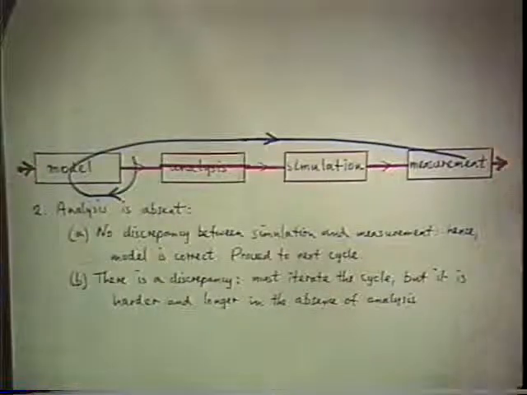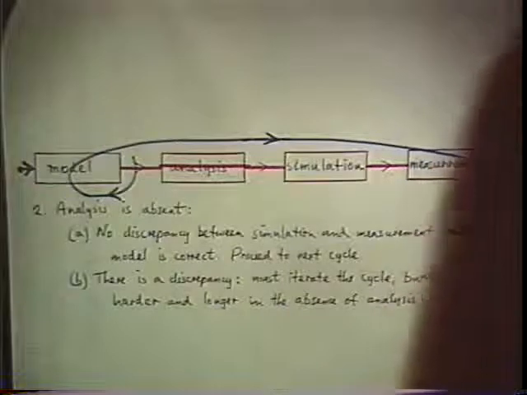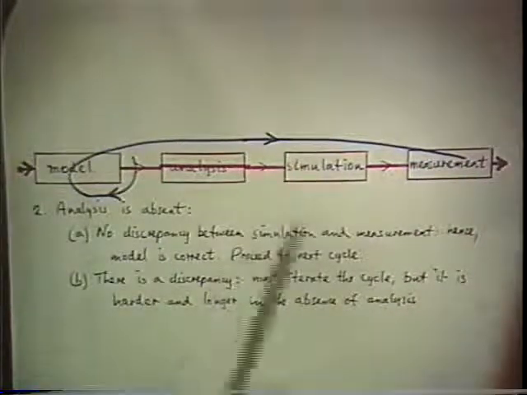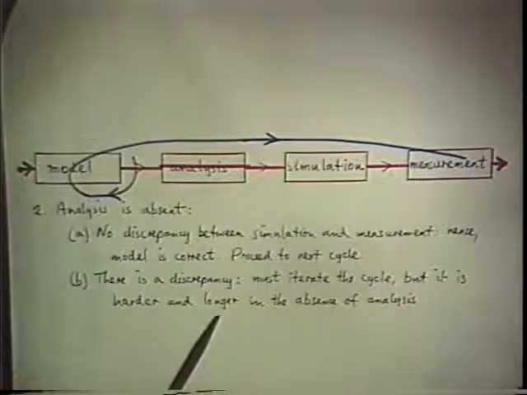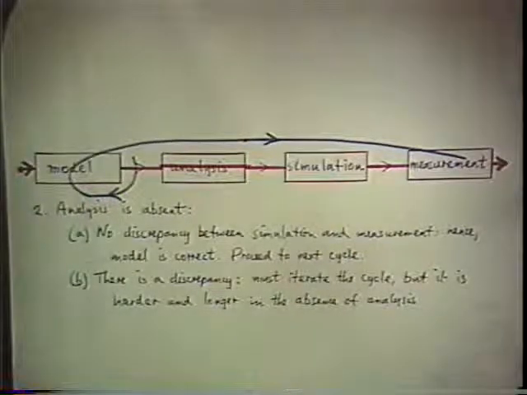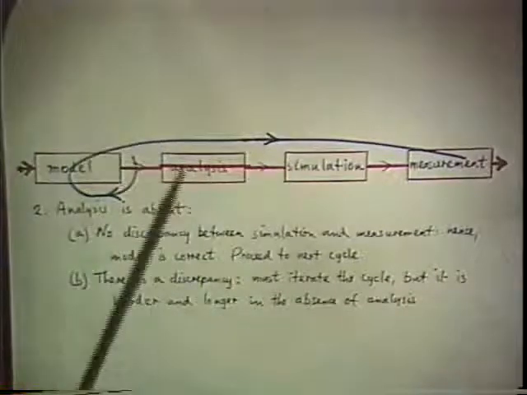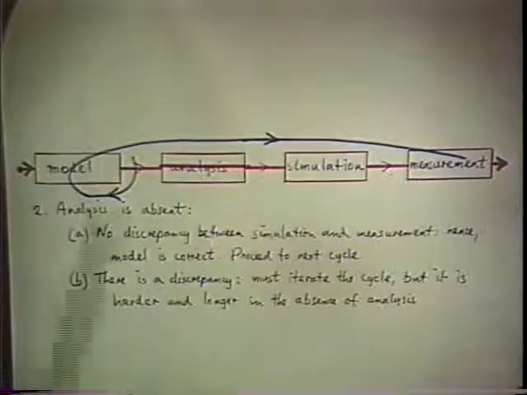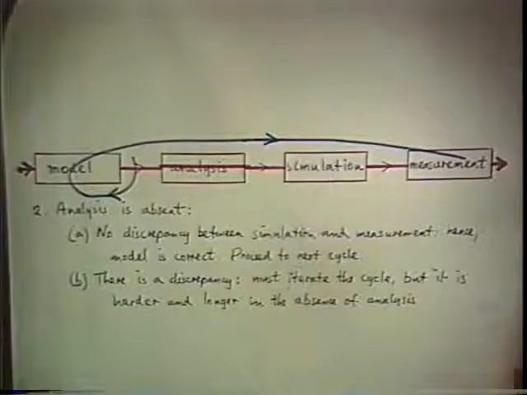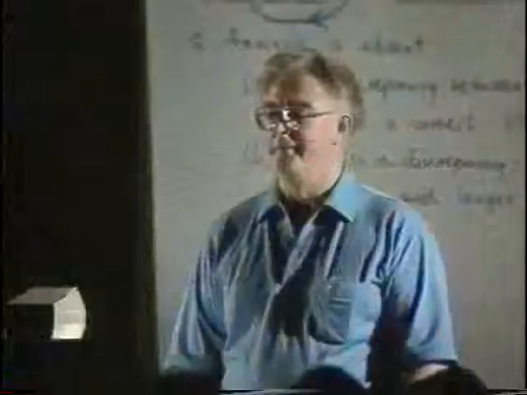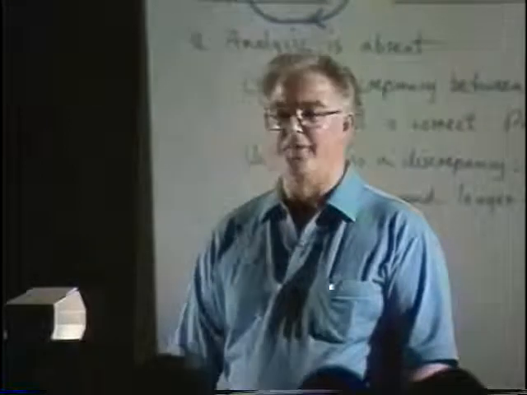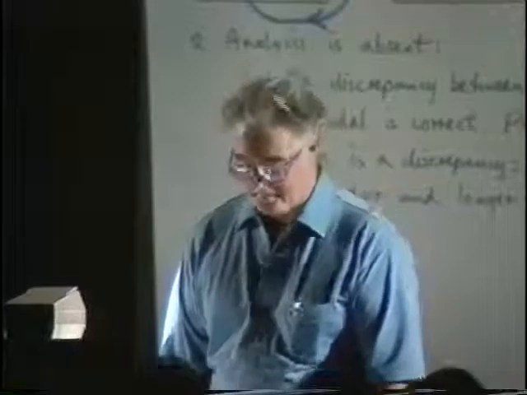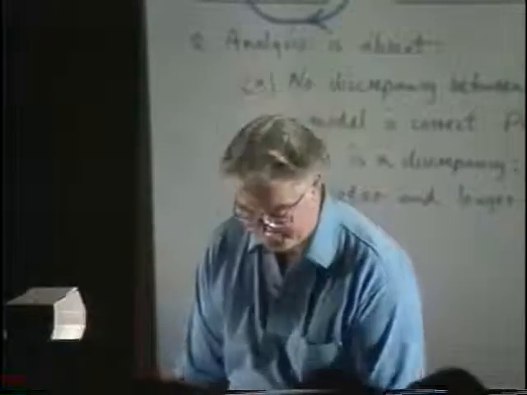Well, the best outcome, of course, is it worked, in which case you're home free. But the trouble this time is, if it doesn't work, if there is a discrepancy, you have to iterate the cycle, but it's harder and longer in the absence of the analysis, because you don't know why the simulation gave the answers it did. So this is the disadvantage of not pursuing the analysis step. It's a cut and try process.